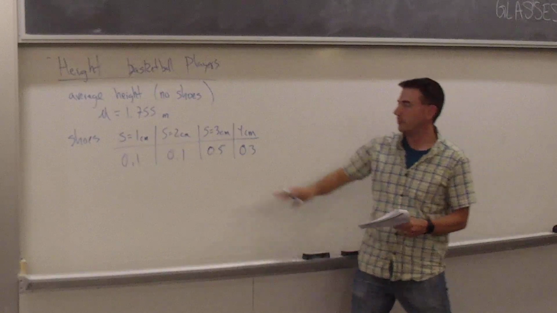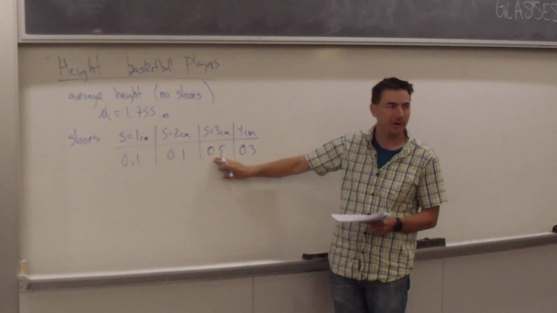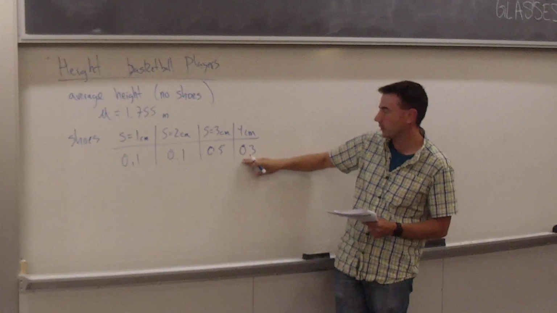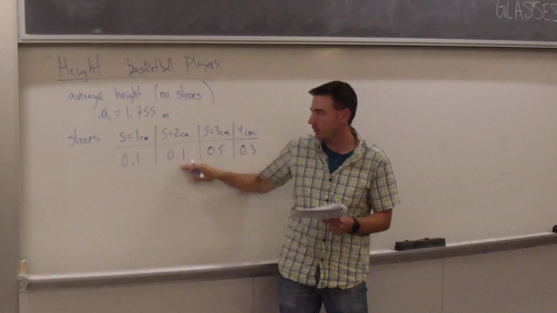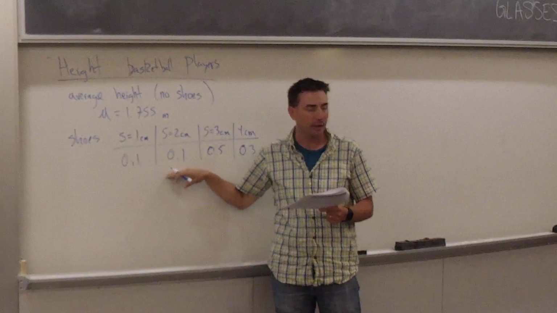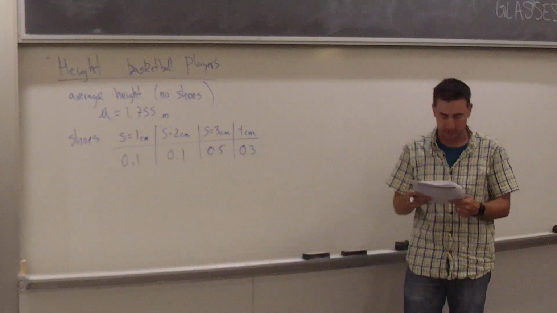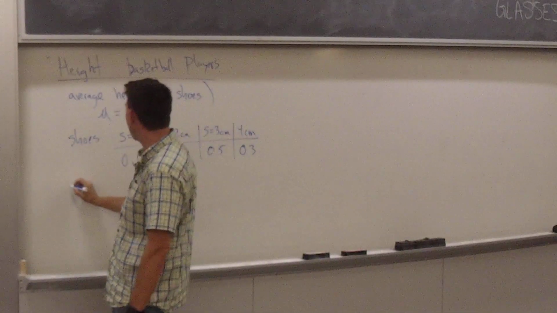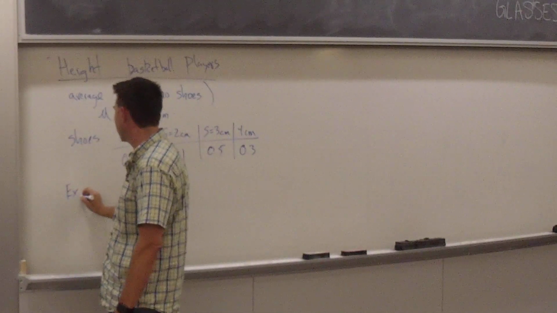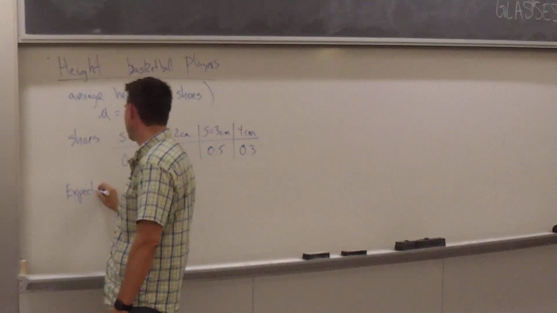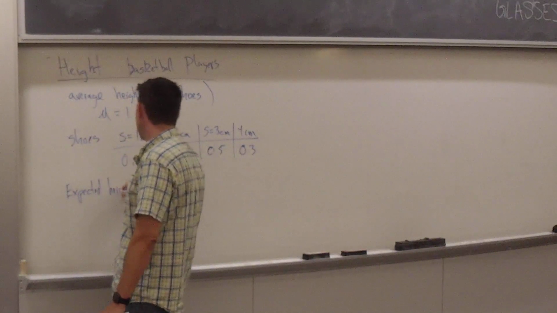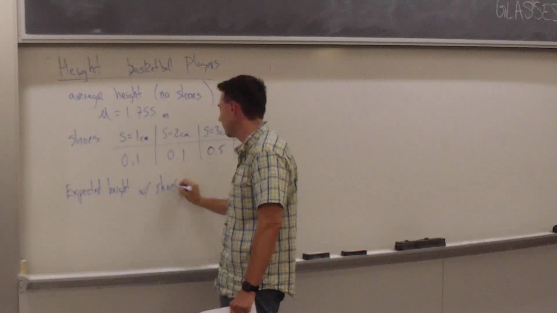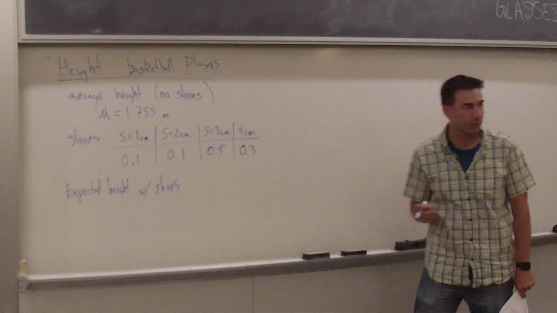Okay, so 50% of the players wear 3 centimeter shoes, 30% wear 4 centimeters, and some wear 1 and 2 centimeters, both 10%. So what is the expected height, with shoes? Now we can answer this question.